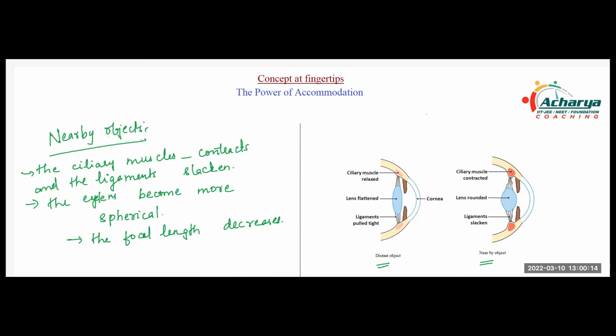This ability of the eye lens to adjust its focal length is called the power of accommodation. So what is power of accommodation?